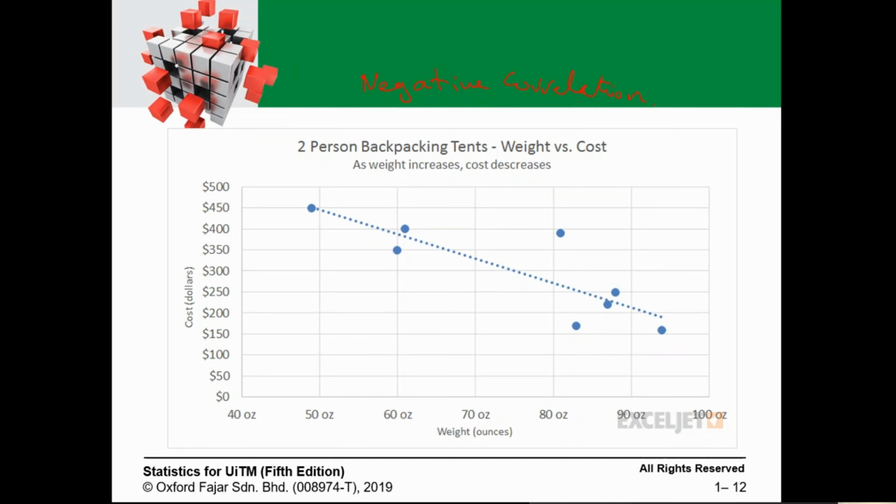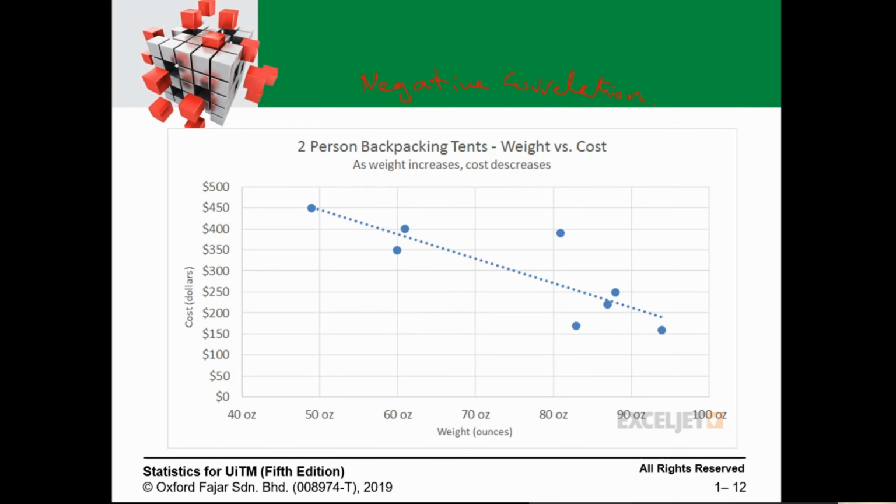The lighter it is, the more costly it is, because people have to carry it with them for long hiking, so they look for a lighter product. For that reason, lighter is more expensive.